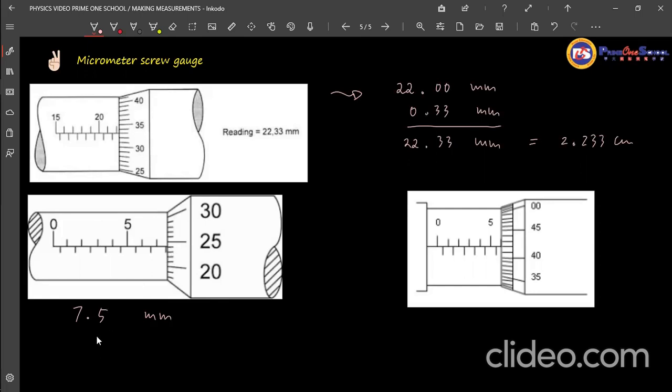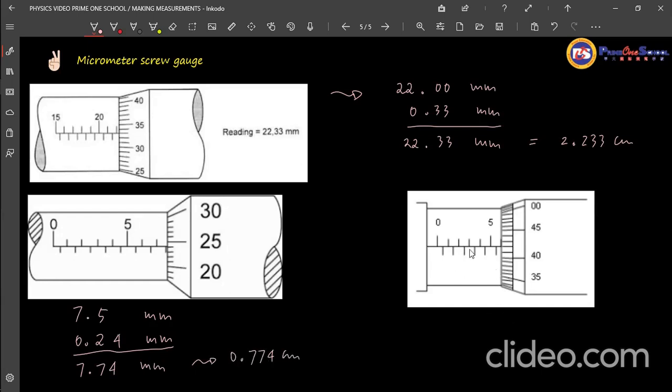So just add this one, 24, so this one is 0.24. So it becomes 7.74 millimeter, or it can be 0.774 centimeter. Okay, and then what about this one?